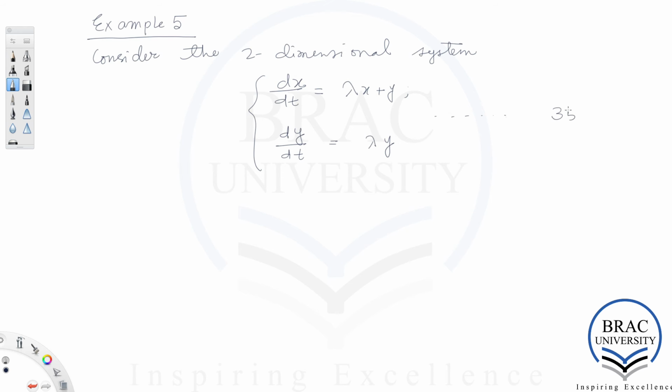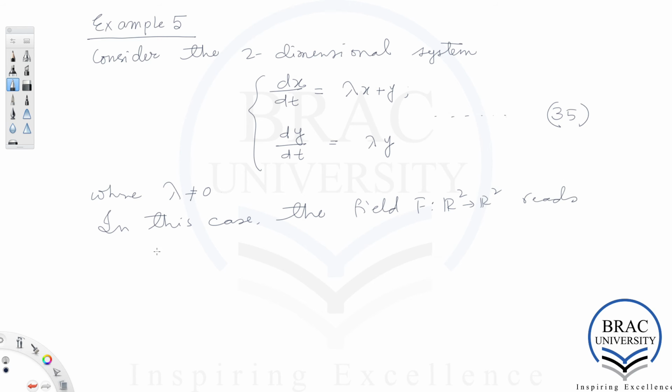So we number this equation by 35, where lambda is not equal to 0. In this case, the field f from R2 to itself reads f of x, y is equal to lambda x plus y, lambda y for all x, y in R2.